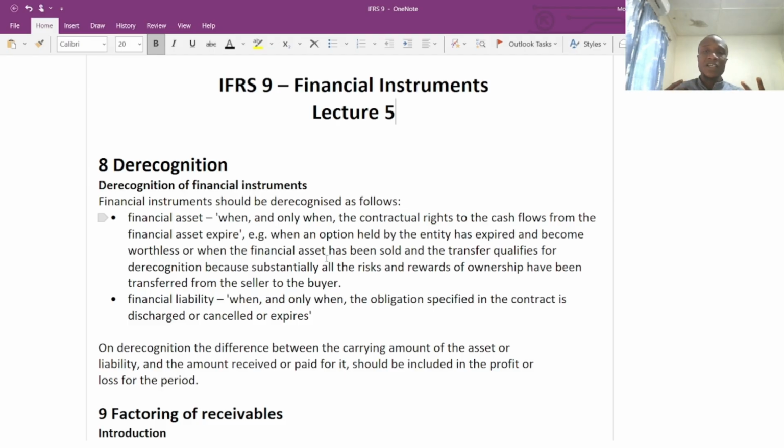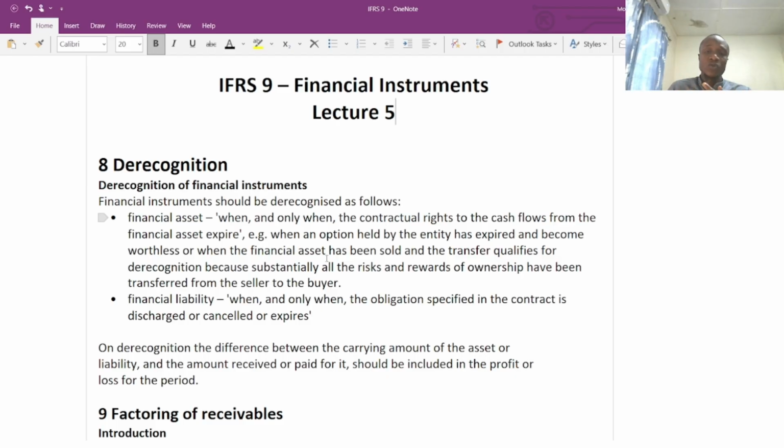Or if the asset cannot provide a future economic benefit to that particular business, then the business is going to derecognize. It's going to remove the asset from the financial statement. So basically, when the definition and the recognition criteria of an asset is not met, then automatically we need to derecognize the asset at that particular point in time, whether it's due to loss of control or there is a transfer of risks and reward to another party, or as a result of disposal, whichever the case might be.